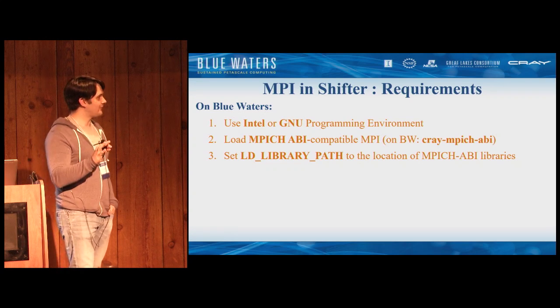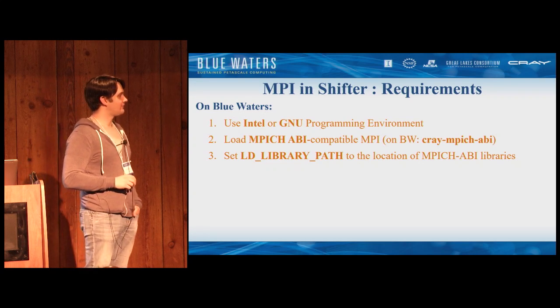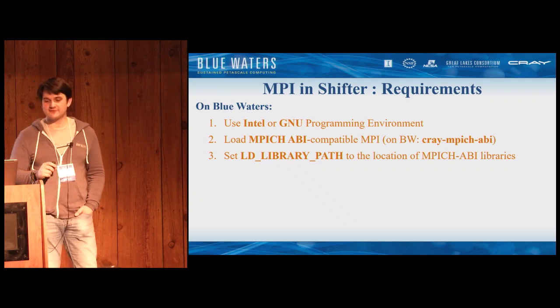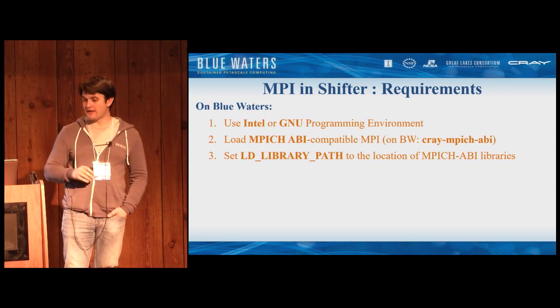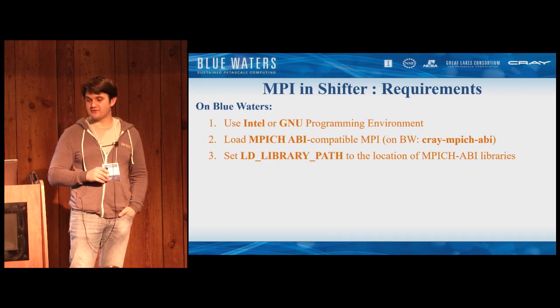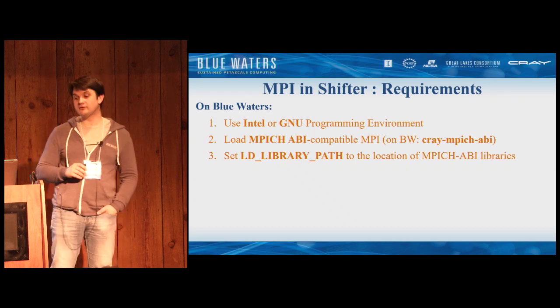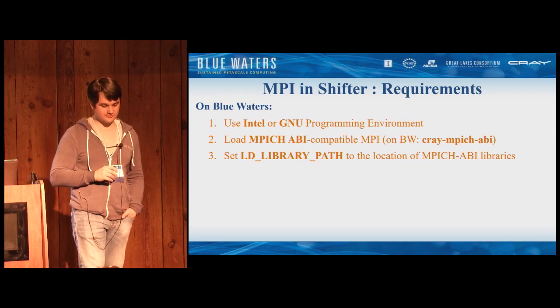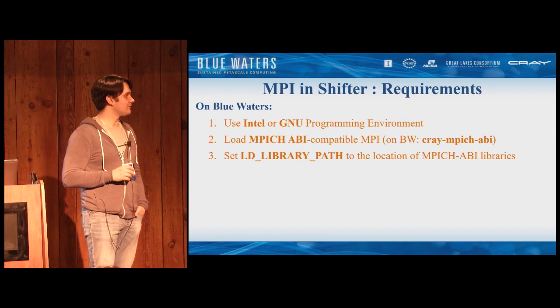Now, so we talked about requirements for the container. There are a few requirements for the Blue Waters system. The first one is that we can use only 2 programming environments, Intel or GNU. So we cannot use the Cray programming environment.